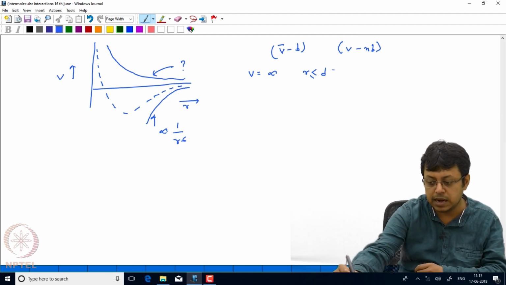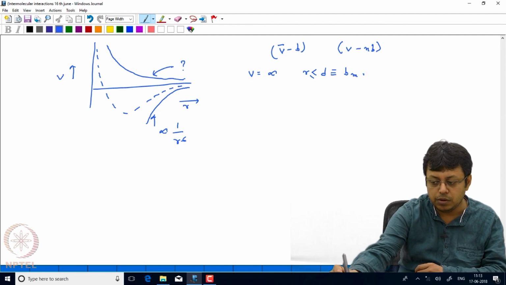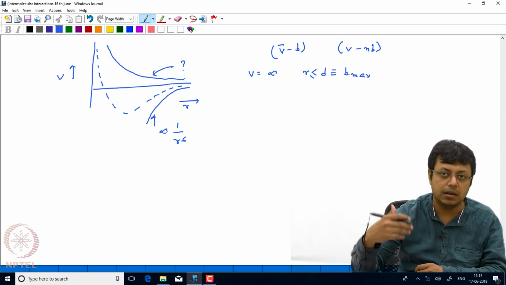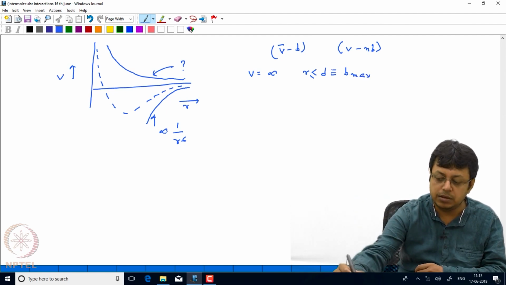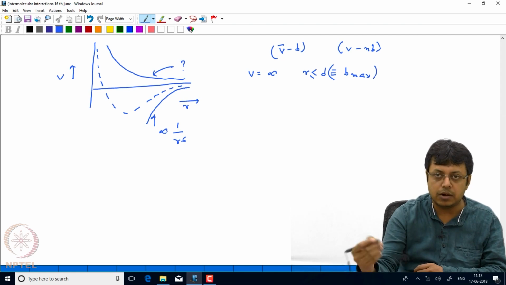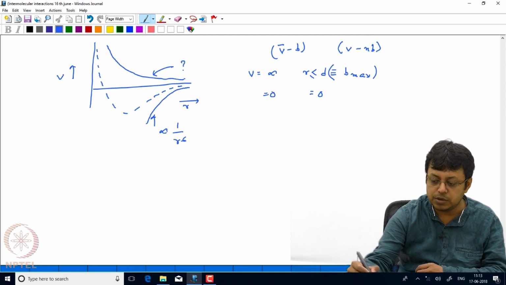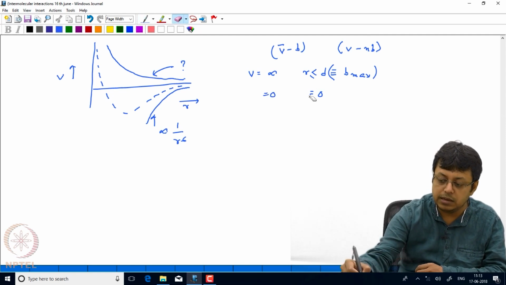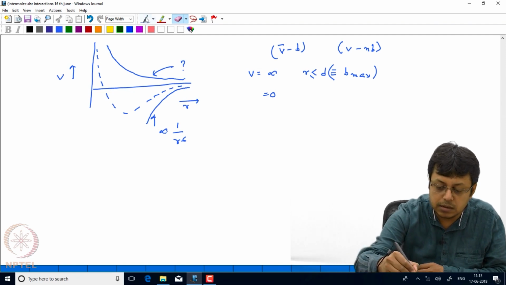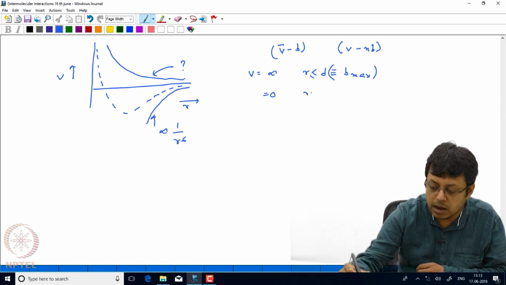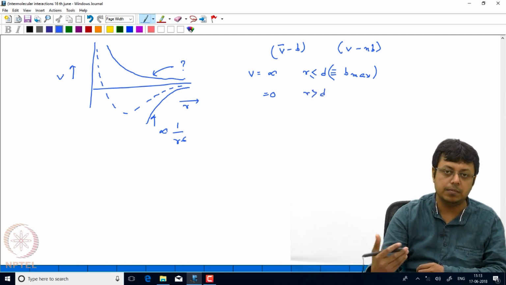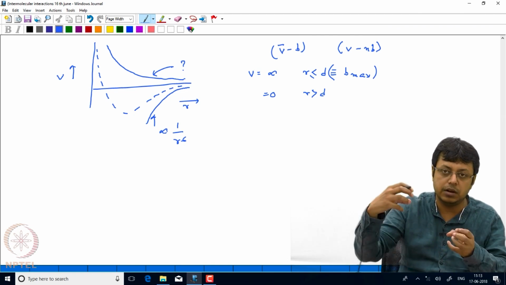So basically d is identical to r max, which is nothing but the sum of the radii of the two atoms or molecules, the two hard spheres. The interaction potential is 0 if the distance between them is more than r max, or basically they are not touching each other.